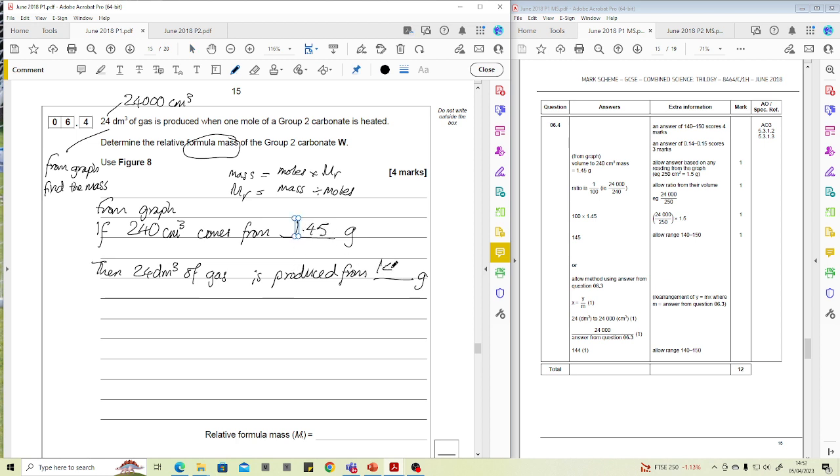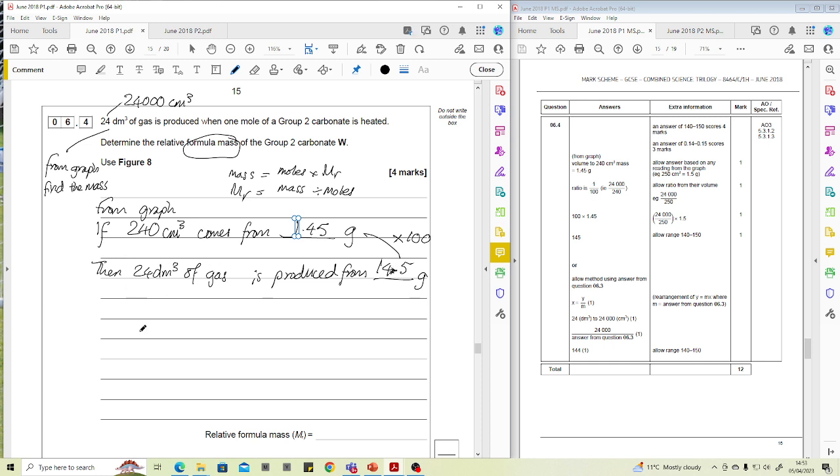So that will be 14.5 grams. So does that make sense? No! We've got to times it by 100, not by 10. So 145 grams.